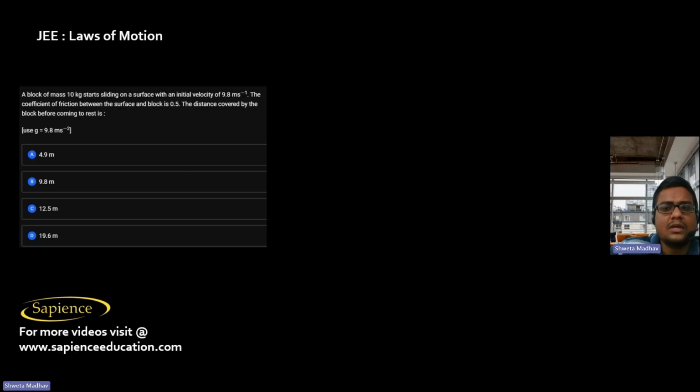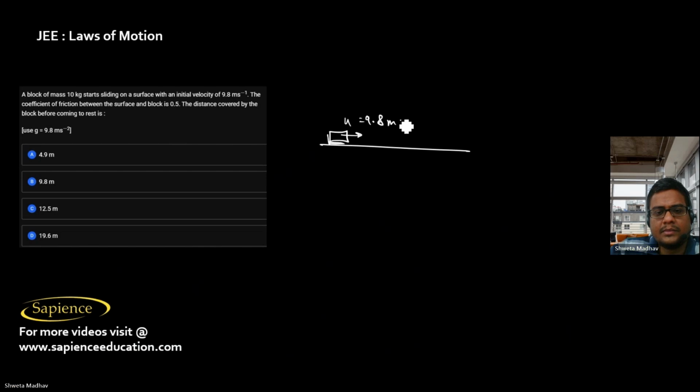Then here it is told a block of mass 10 kg starts sliding on a surface with an initial velocity u, which is 9.8 meter per second. The coefficient of friction in between the surface and the block is 0.5.